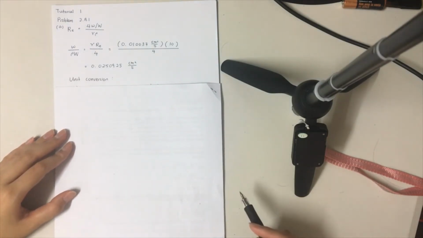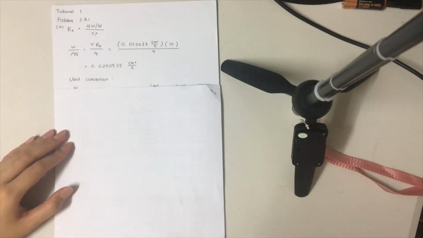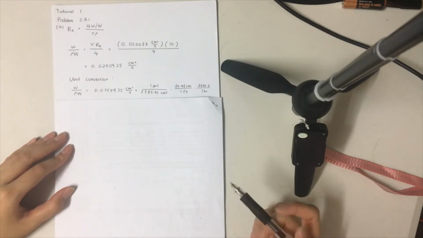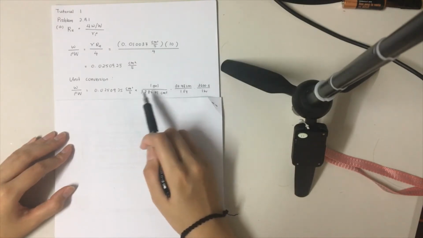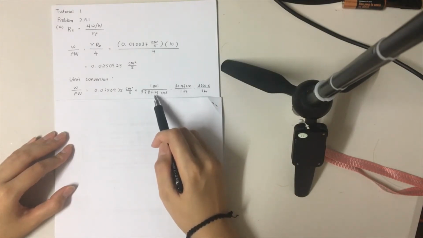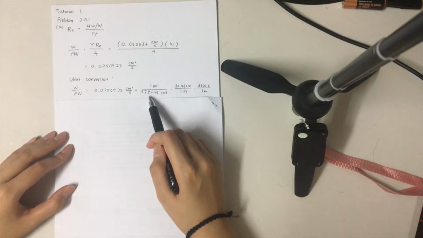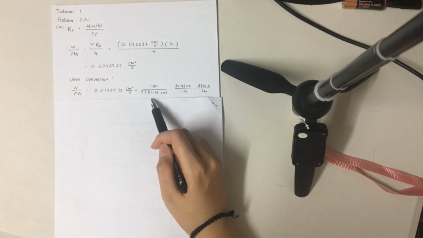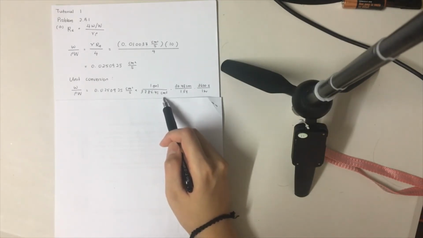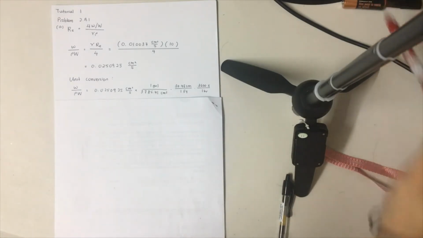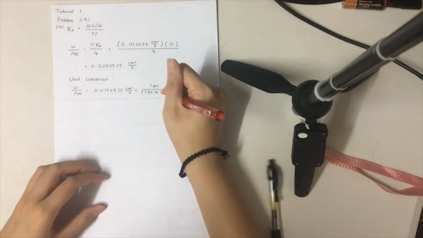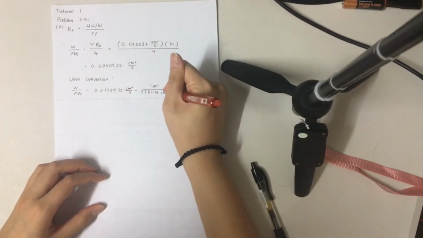Then we will do unit conversion because it wants it to be in gallons. We basically just do unit conversion, so 1 gallon is 3,785.41 cm cubed. Therefore we can easily cancel this off.